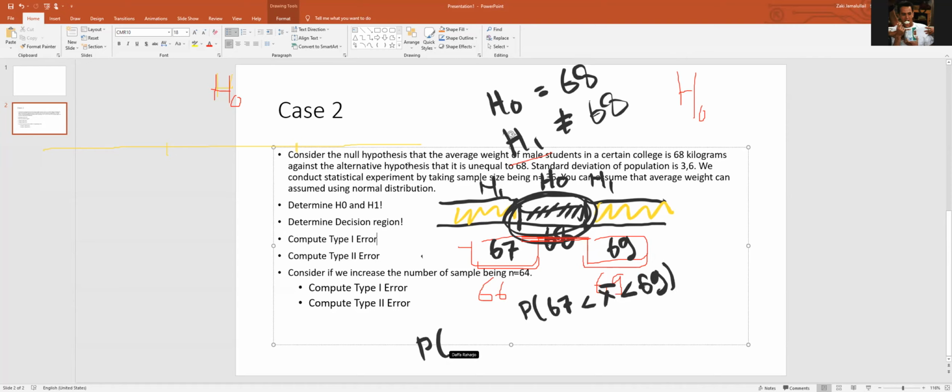Can I assume it's 70, or should I put 68, sir? It depends. First, you need to clarify the H0. H0 is equal to 68.